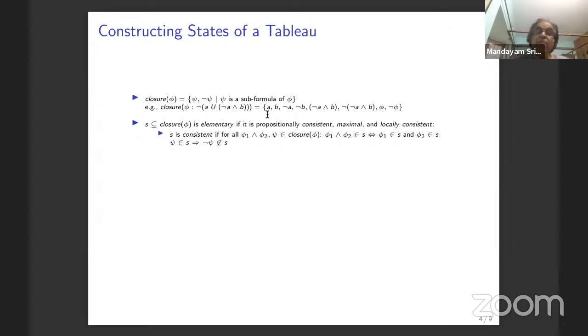Because if something does not belong to the subset we use to represent a state, it will be considered as its negation being there. So that's why if psi belongs to S, not psi cannot belong to S. Otherwise it will be inconsistent.